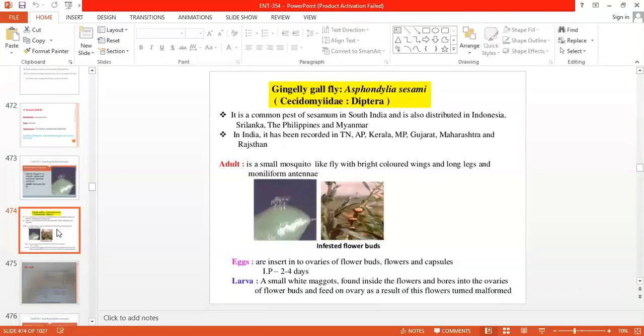Maggot, the immature stage of that pest, is small in size, dirty whitish in color, mainly found inside the flowers, and bores into the ovaries of flower buds and feeds on the ovary. As a result of this infestation, flowers turn malformed.